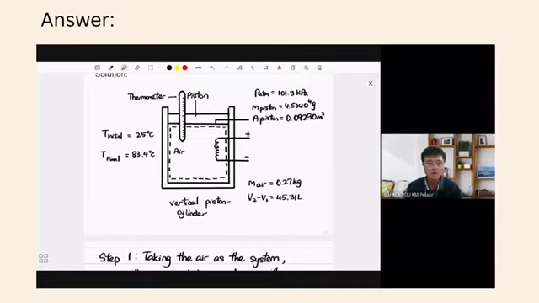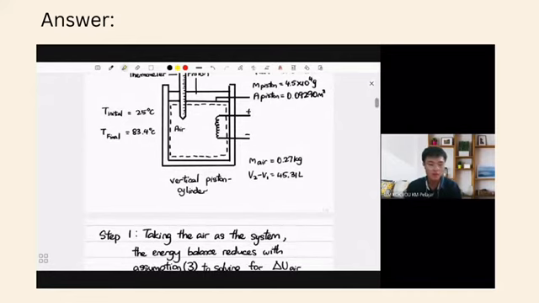The mass of the air is 0.27 kilogram. The change in volume of the air is 45.31 liter. We can also notice that the initial temperature is 25 degrees Celsius, and the final temperature of the air is 33.4 degrees Celsius. So let's move on to the solutions.